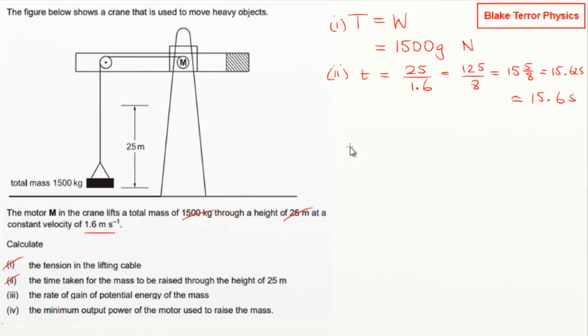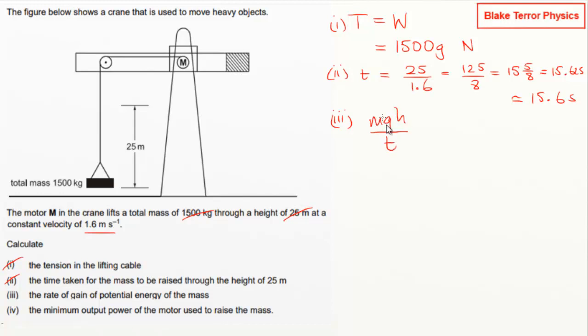Right, now we're on to finding the rate of gain of potential energy of the mass. So this is the effective power output, because what we're trying to achieve is raising the mass. So this is our useful power output. We're going to want mgh. Well, there are two different ways of calculating this.